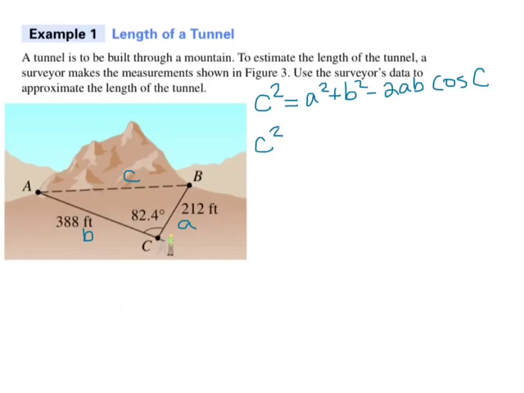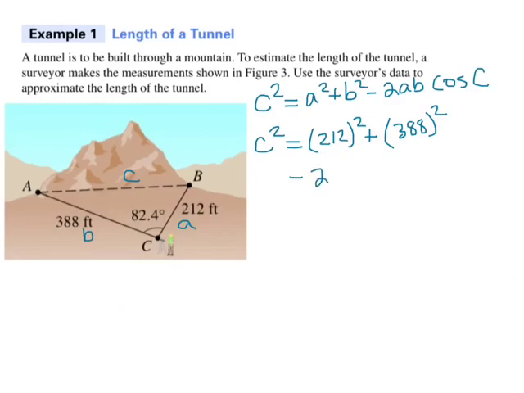Well, again, C squared equals, now A is going to be 212 squared plus B, which is 388 squared, and then I'm going to subtract. So pretend that I'm writing this all in a line, of course.